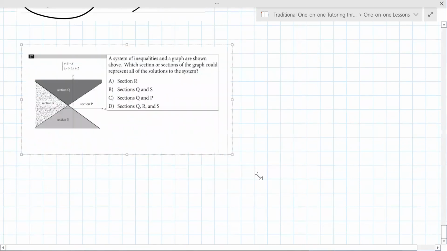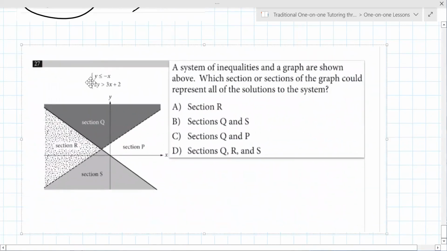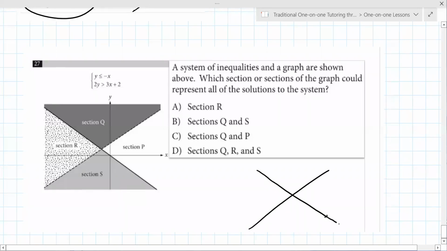Okay. So before you look at the system here, focus your attention on the graph down here. Whenever you have two inequalities, there are 4 possible regions, but they only ever intersect in one region, which helps to answer this question.